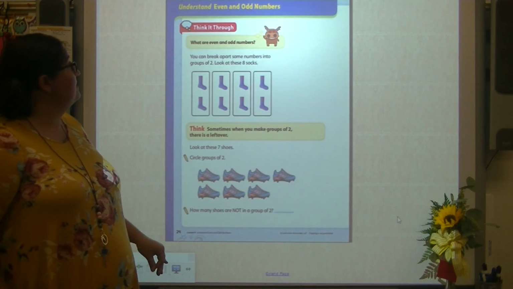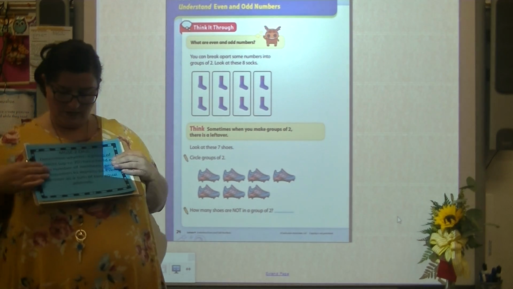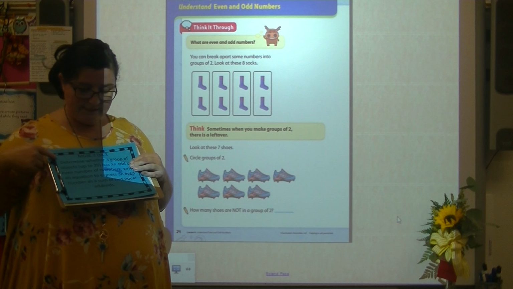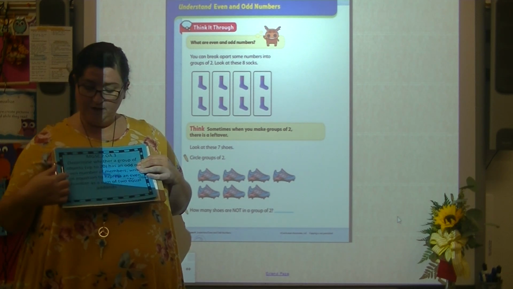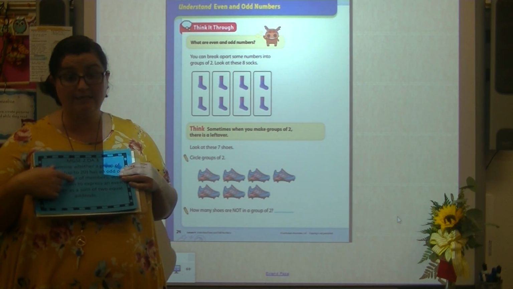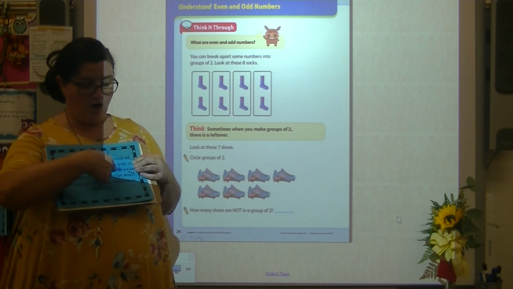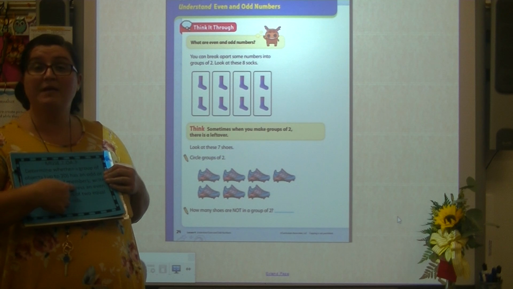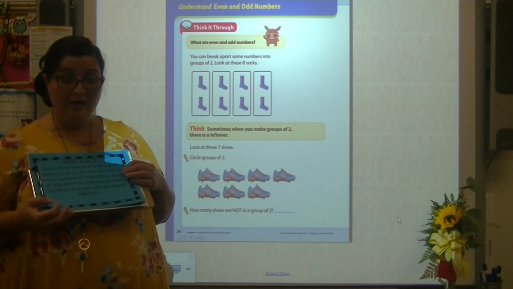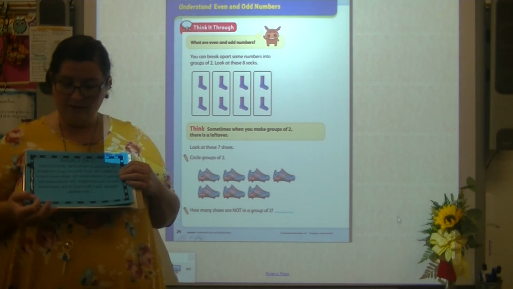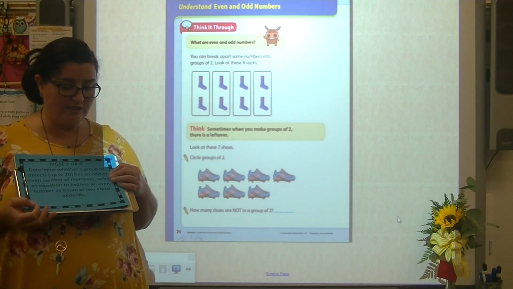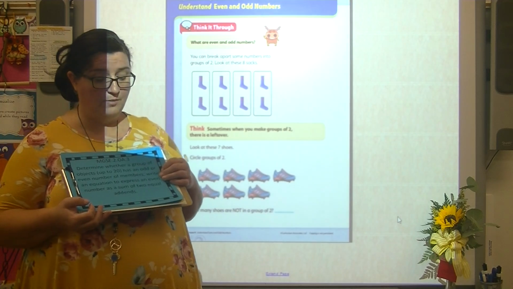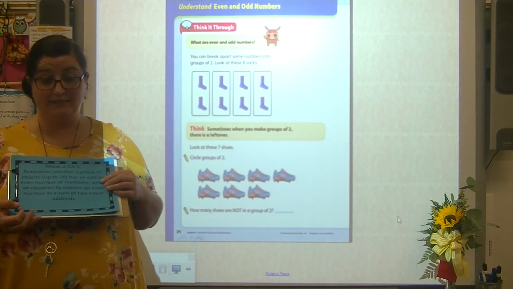So our new standard is right here. It says determine whether a group of objects up to 20 has an odd or even number of members. And then you need to be able to write an equation to express an even number as a sum of two equal addends.